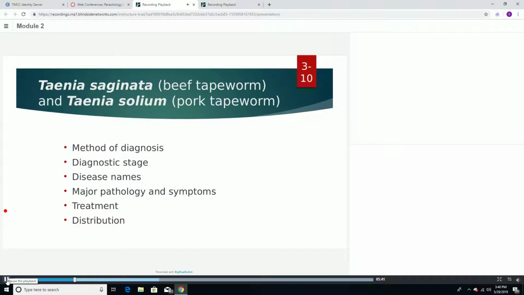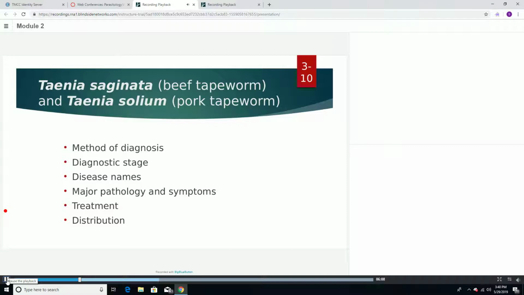The next parasites we're going to cover are simply known as tapeworms. We have the Taenia saginata and the Taenia solium. It's very, very important that you guys are able to recognize that saginata is beef, solium is pork. What that means essentially is that if we eat raw or undercooked beef, we could possibly be infected with a beef tapeworm.